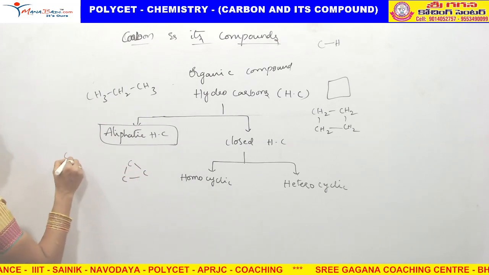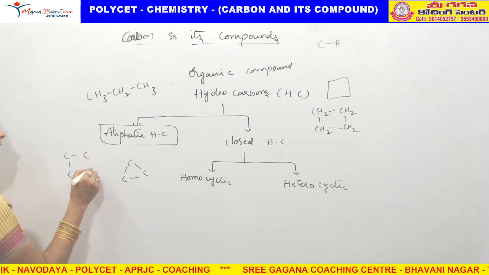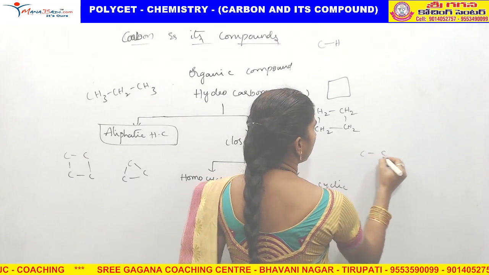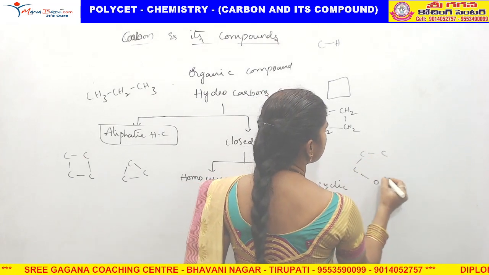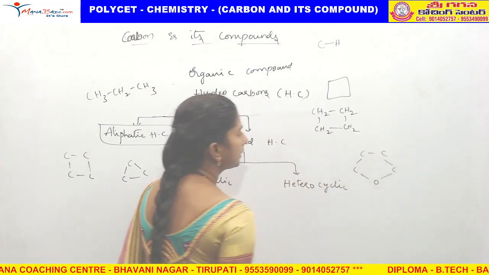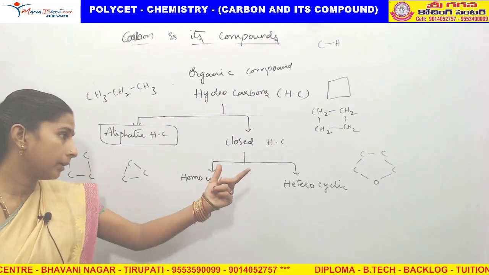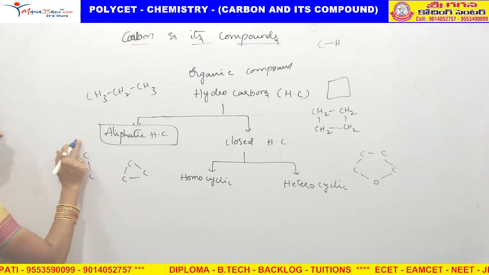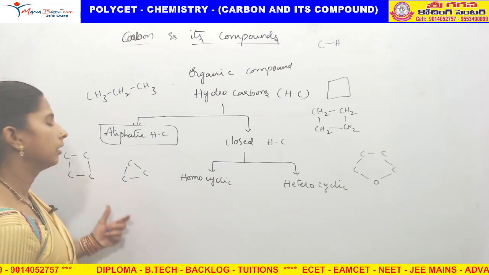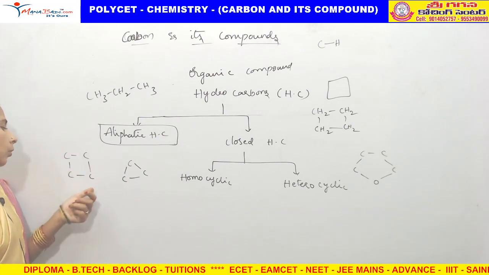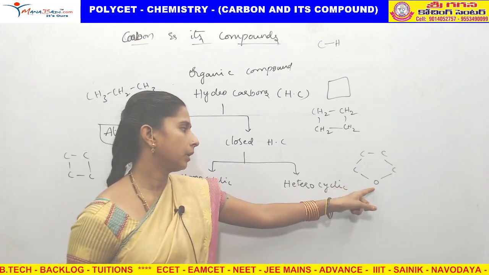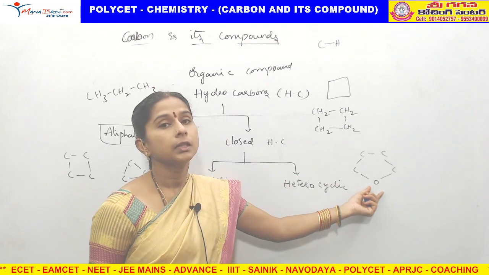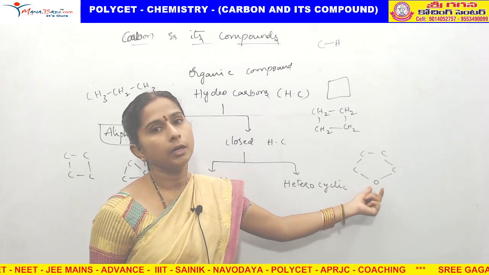This is a ring, this is also a ring. What is the difference between this ring and that ring? Here, the ring contains only carbons. The ring is formed by the closing of carbons, but here another atom is present. This atom is called a heteroatom.